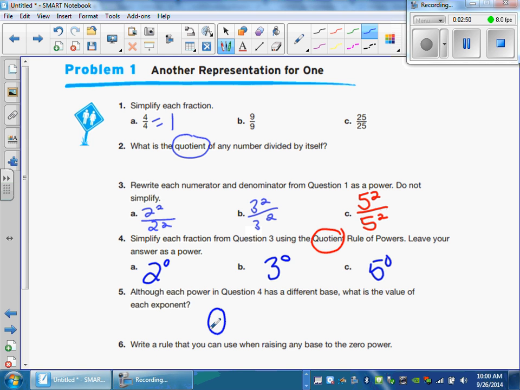Well, any time you raise a base to a power of 0, so again we have these examples of 2, 3, and 5, it is going to be equal to the number 1. So here we can go back and say that 2 raised to the 0 power is 1, 3 raised to the 0 power is 1, and same thing with 5.